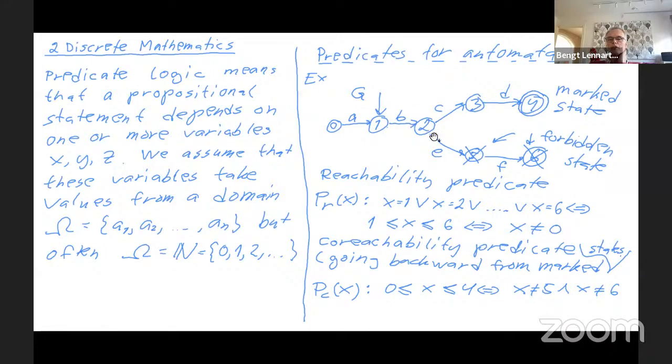From this set of states you still have an option to add state 4 and state 6 by 1 step forward again. And then you have reached all the states, from 1 to 6, which equivalently can be described as x is not equal 0, which is of course in this case a shorter description. It's well known that sometimes it's better to formulate a negation than a positive statement, because that can reduce the expression.